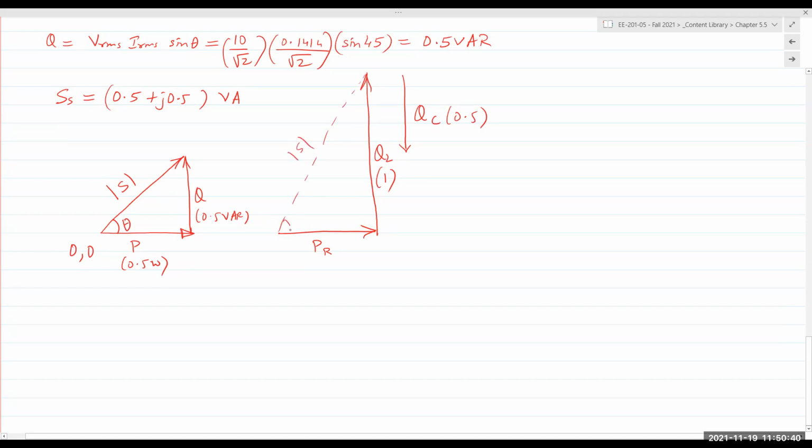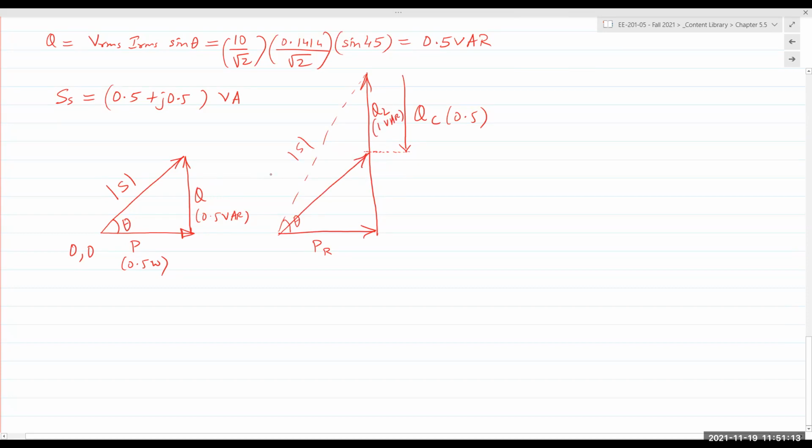And the power angle is now much larger. But if I add a capacitor in the circuit, now my power requirement drops. So the power requirement is now only at this level. Let's take this QL out. So this is QL, which is 1 VAR. QC is 0.5 VAR. The actual power required is just here. That's how we get.